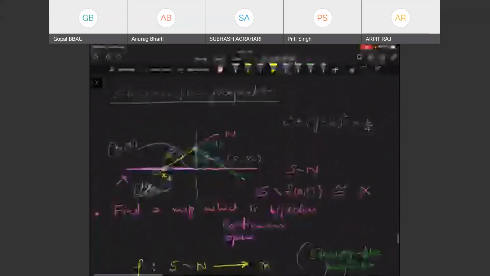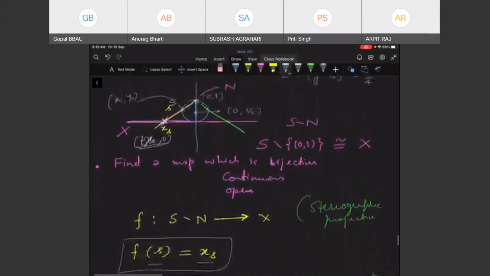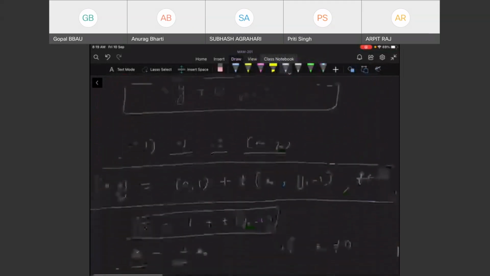So simply from an intuitive idea, you just connect N and S and extend this line, and it must hit the x-axis. That point will be the image of small s. This was the idea, and using this idea you found this map f.